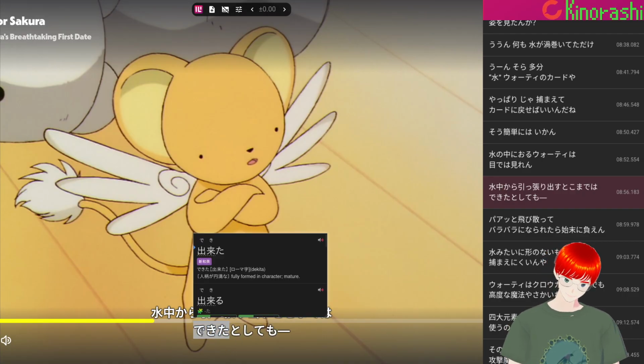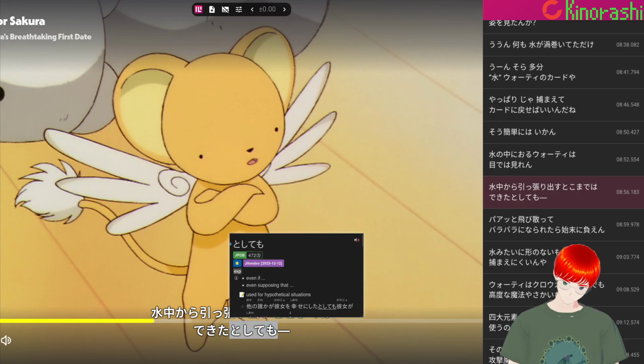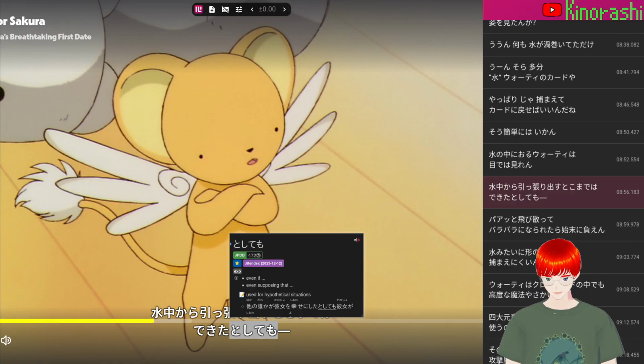Dekita toshitemo: to do getting it to a place from pulling it from the water, and then mo is probably a continuation of the sentence.